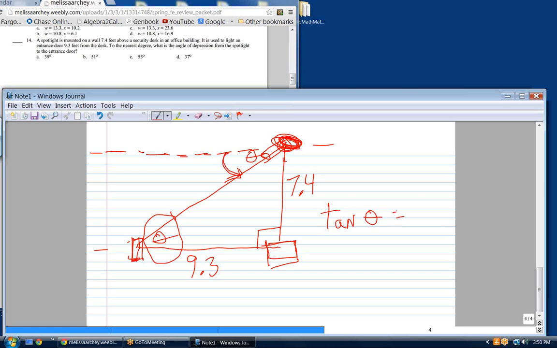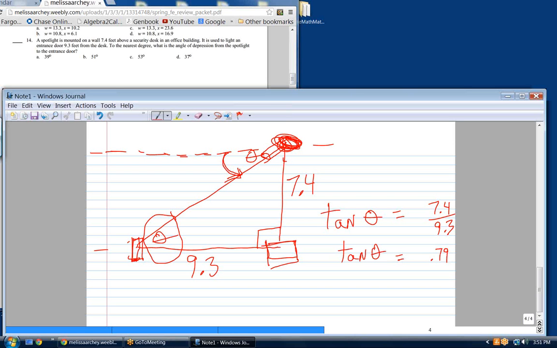Equals 7.4 over 9.3. Which is what in your calculator? 7.4 over 9.3 comes to 0.79. So we have the tangent of theta equals 0.79.